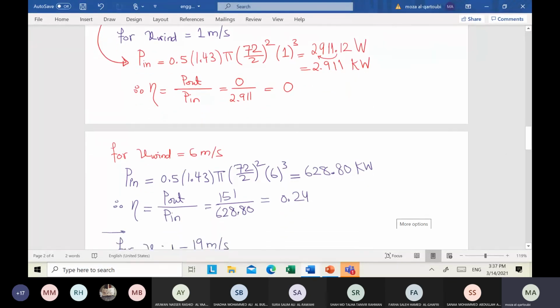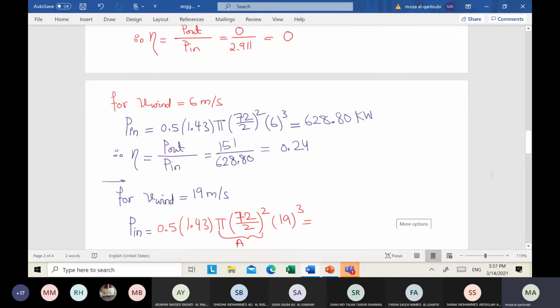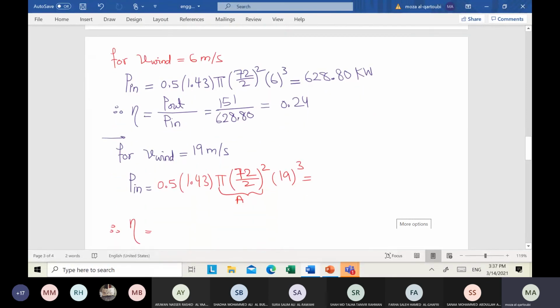At 6 it was 628, and at 19 it should be greater than the previous one.